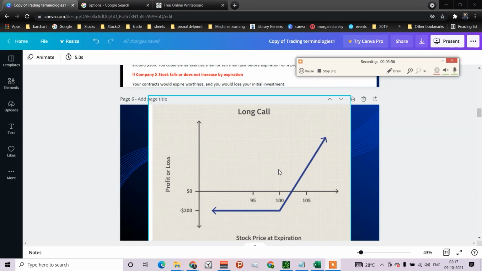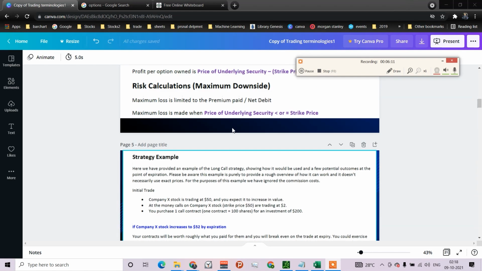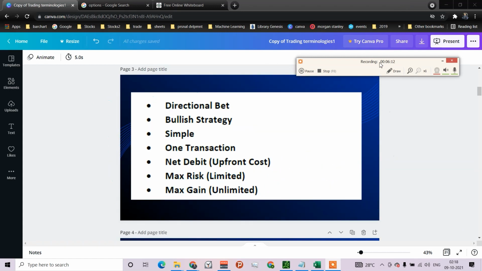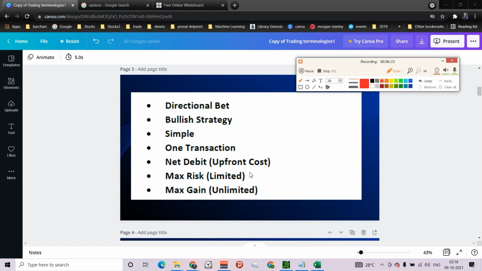So that's the thing: you have a limited downside, but the possibility of making profits on the upper side is unlimited. As we discussed here, the maximum risk is limited, which is $200 in that example, but the maximum gain can be a lot.